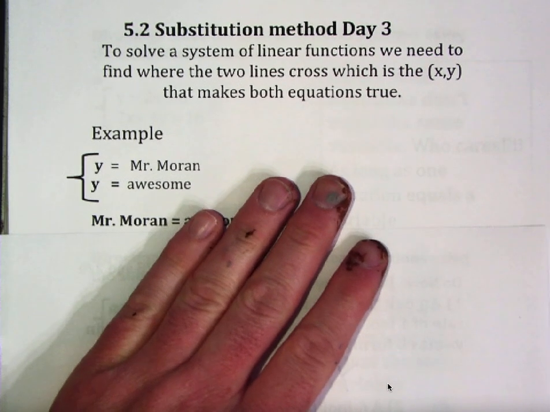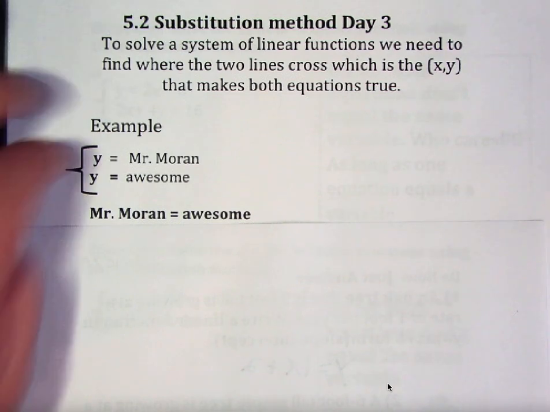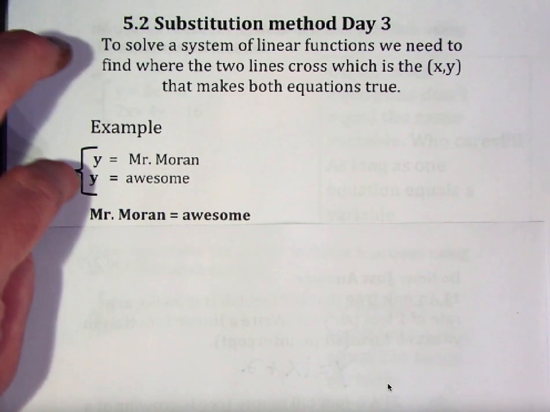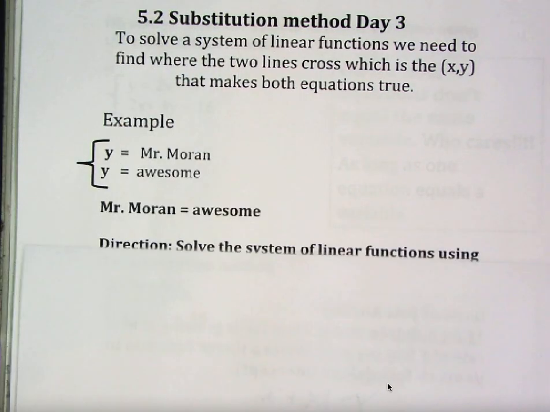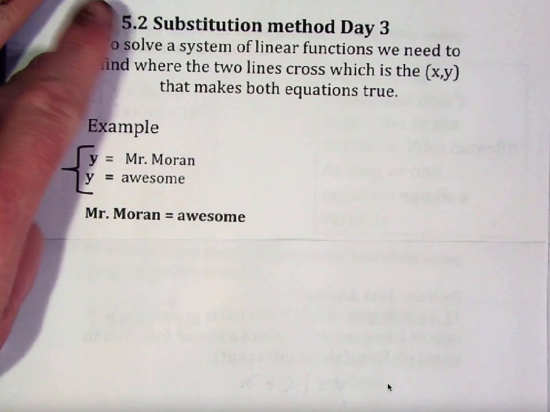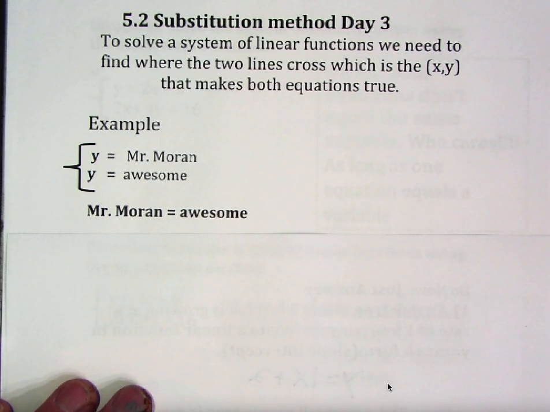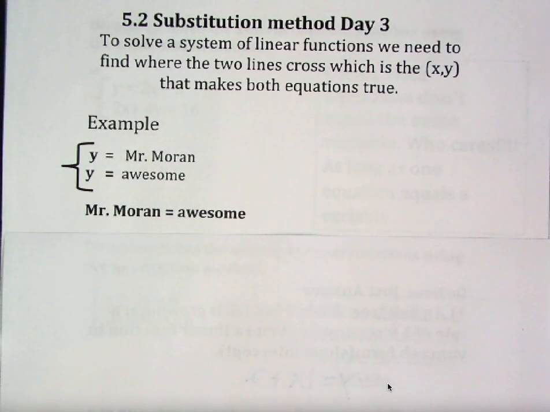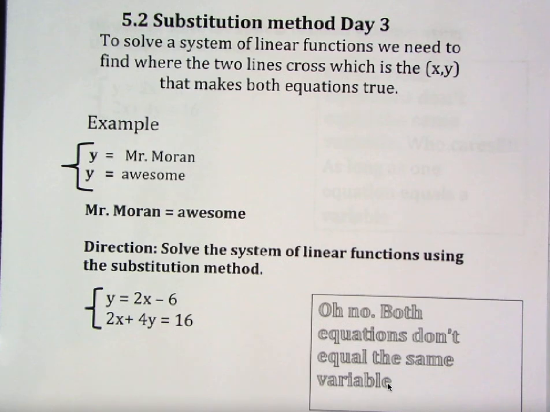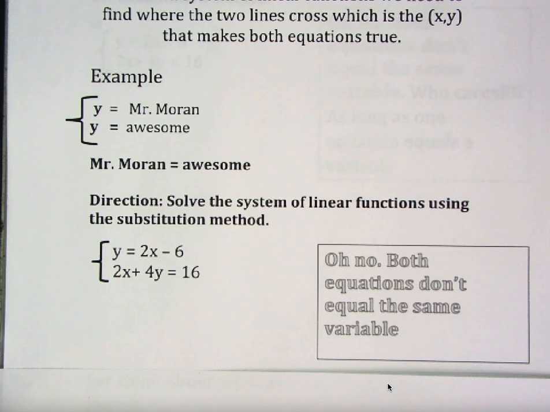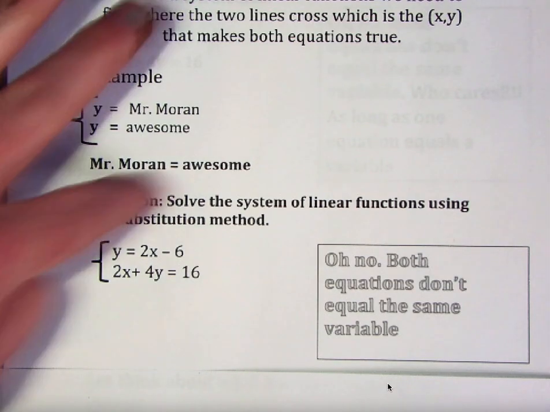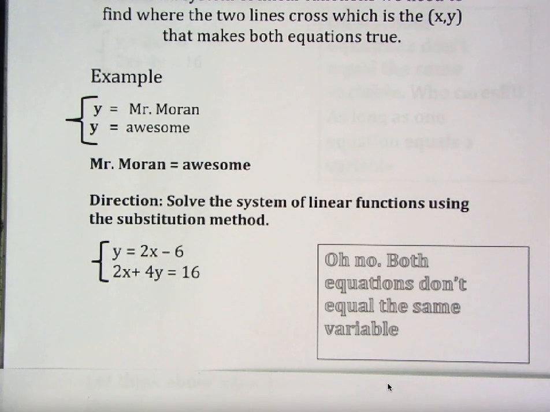The example we already just saw early on was that when y equals Mr. Moran, y equals awesome, then we're allowed to say Mr. Moran equals awesome. And that's the first idea of solving a system using substitution. The directions are to solve the system of linear functions using the substitution method.